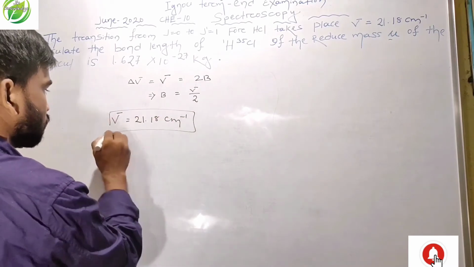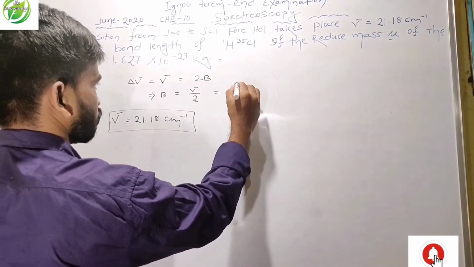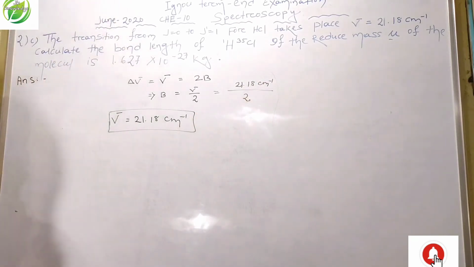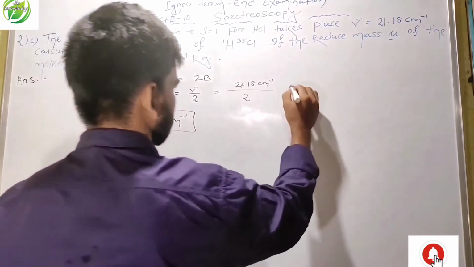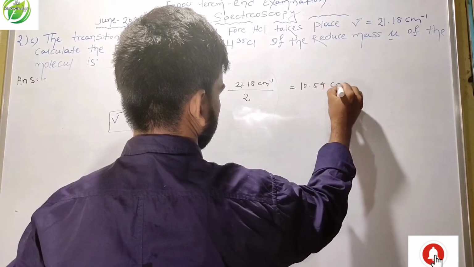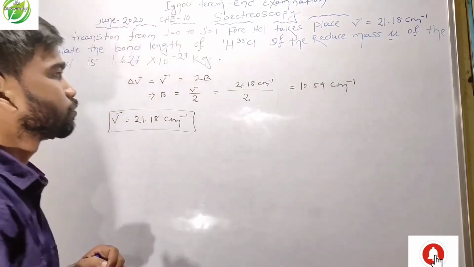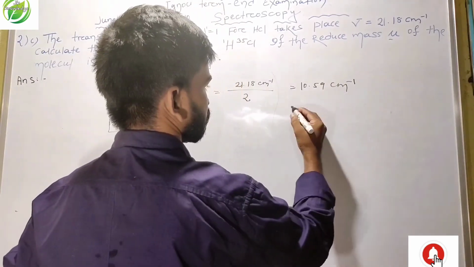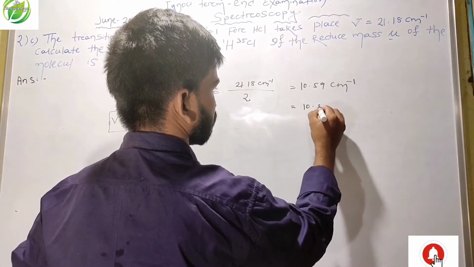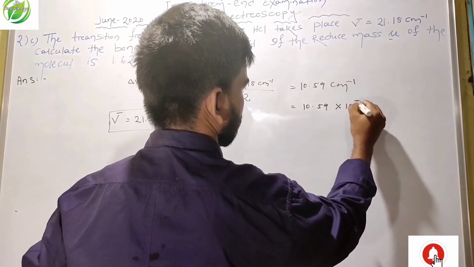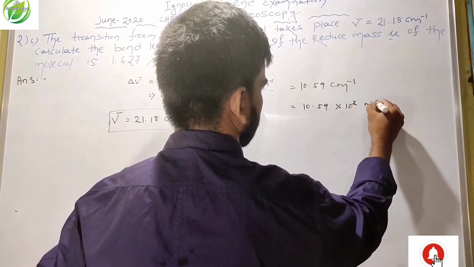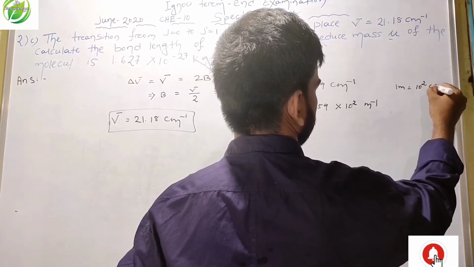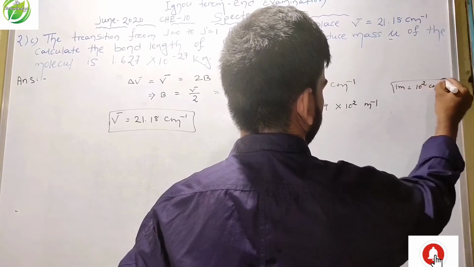We put this value in, and B equals this divided by 2, which is 10.59 cm⁻¹. If we convert this value to m⁻¹, we simply multiply by 10² m⁻¹, because 1 meter is equal to 100 centimeters.